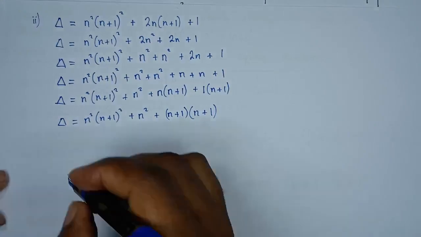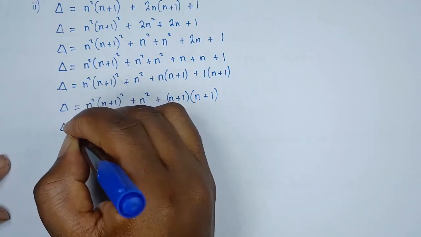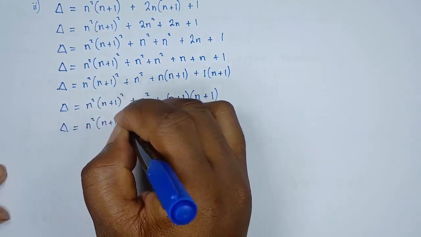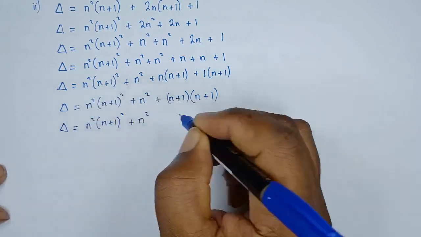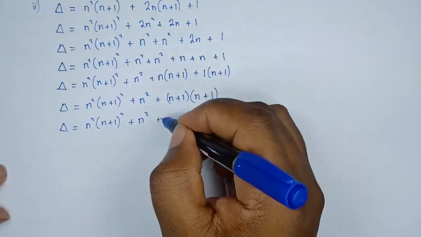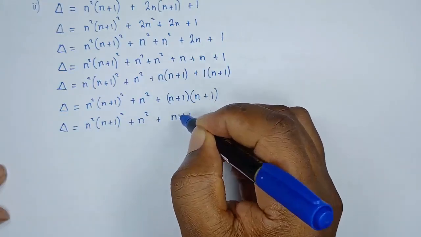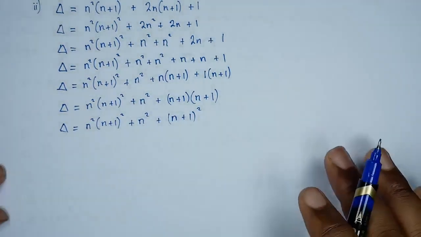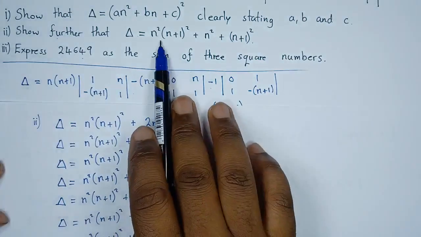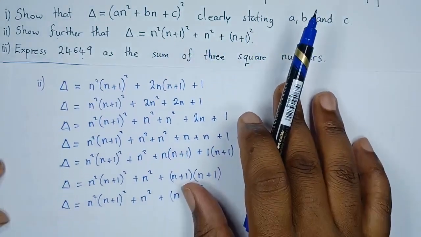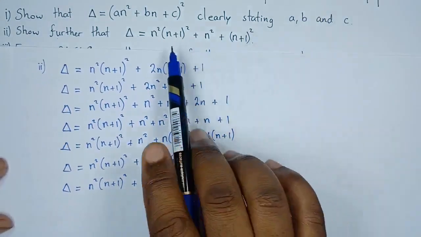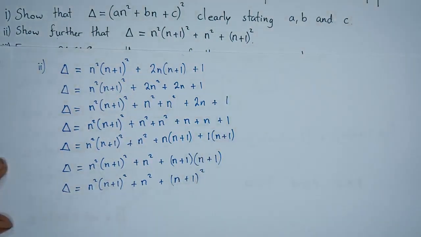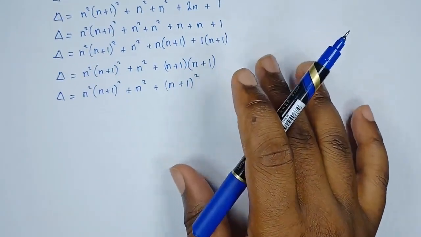Then from there now, we can say the determinant is given by n squared, n plus 1 squared, plus n squared. These two are the same. So that's the same as n plus 1 in brackets squared, as shown. Because remember, we're trying to show that this is equal to this expression, which is what we have there. Okay, so that was part 2.